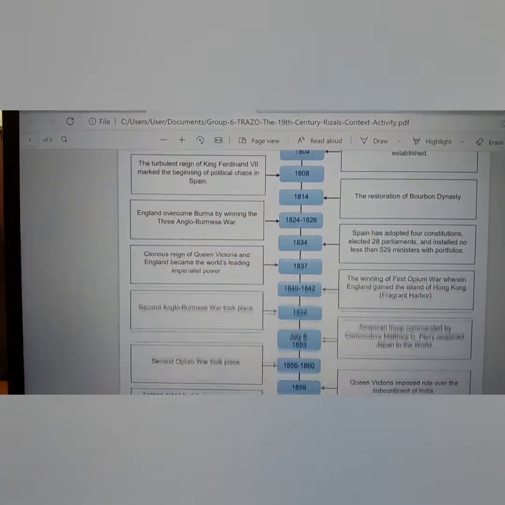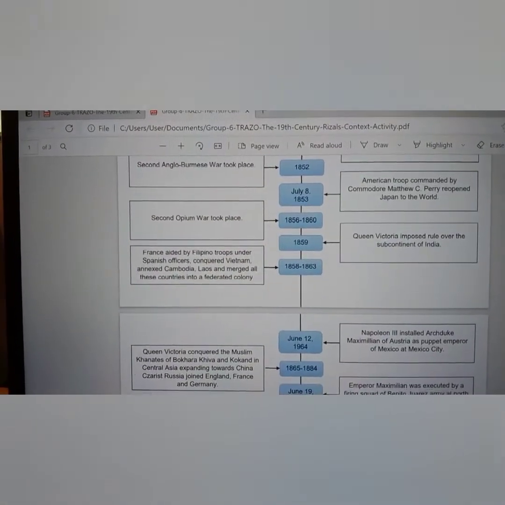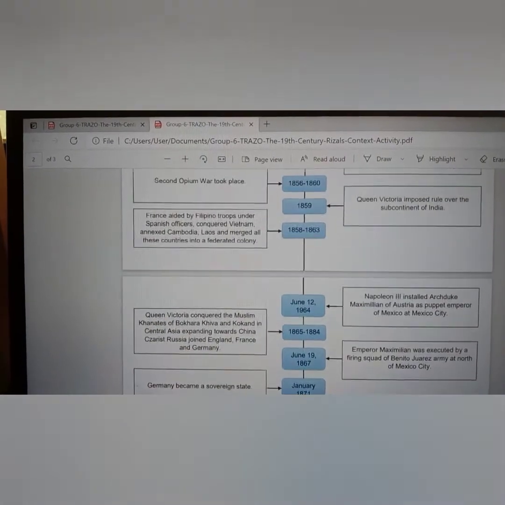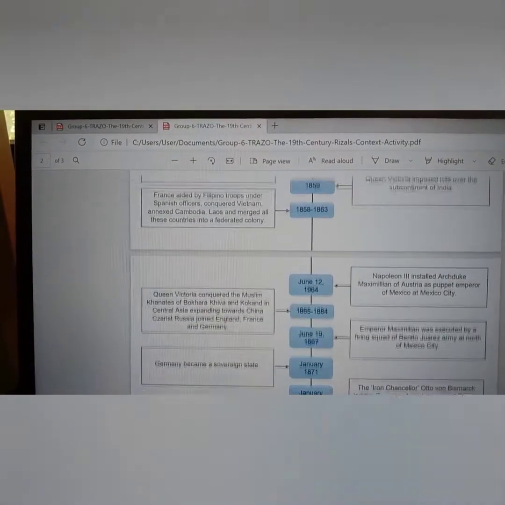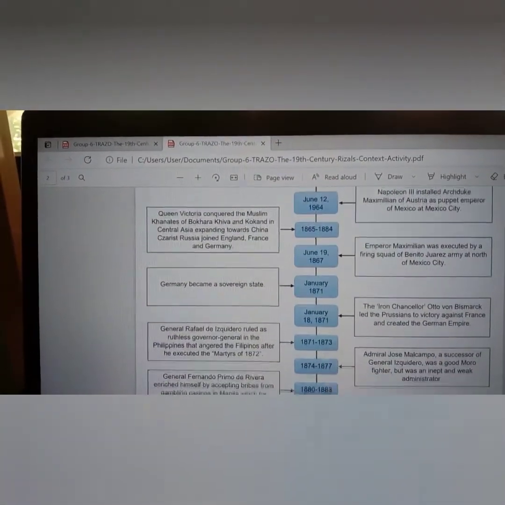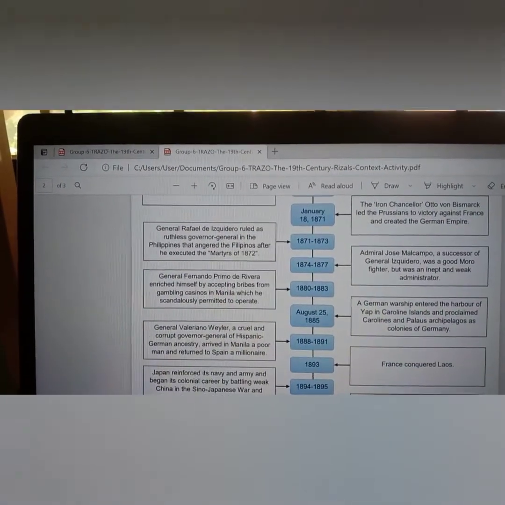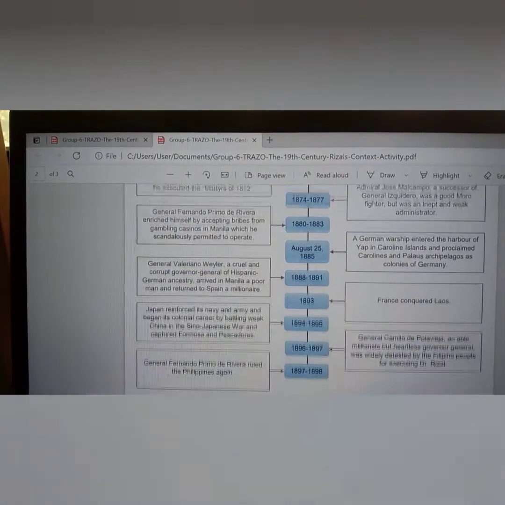Also, I noticed that she is very good at reading my instruction that they need to highlight the Philippines. So I see Manila, I see the Filipino people being mentioned here, and okay, great.